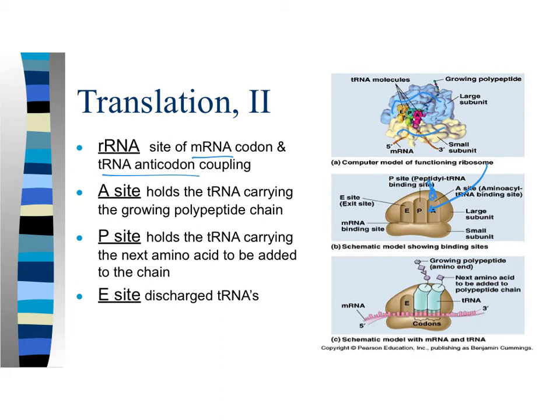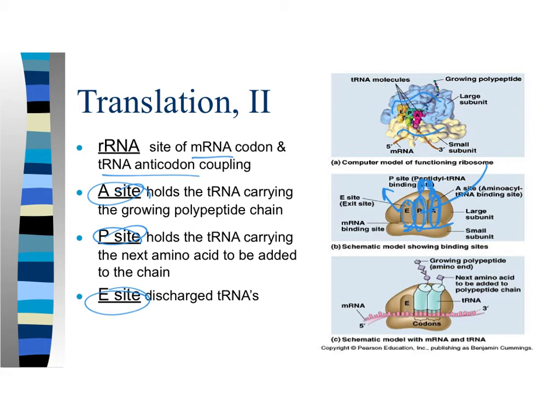It's going to move over to the P site, where the other tRNA takes the polypeptide from the first one. As it shuffles along, the tRNA that's now in the E site gets kicked out. All of these sites are holding different tRNAs at different phases of polypeptide synthesis.